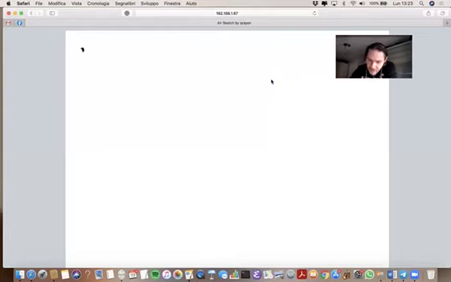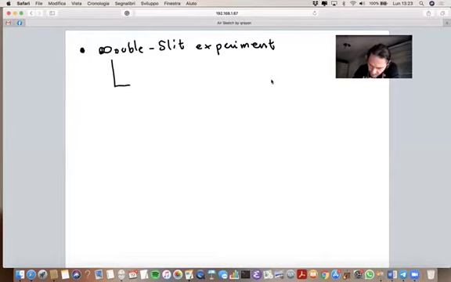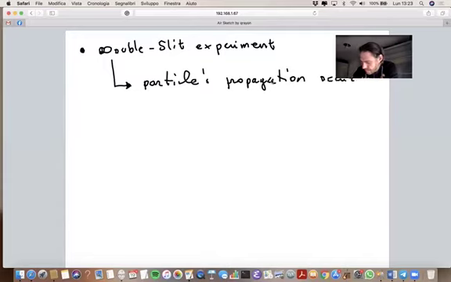One of the things that we have cleared in the discussion of the double slit problem, the double slit experiment, one thing that we have taken home is that particle propagation displays wave-like features.